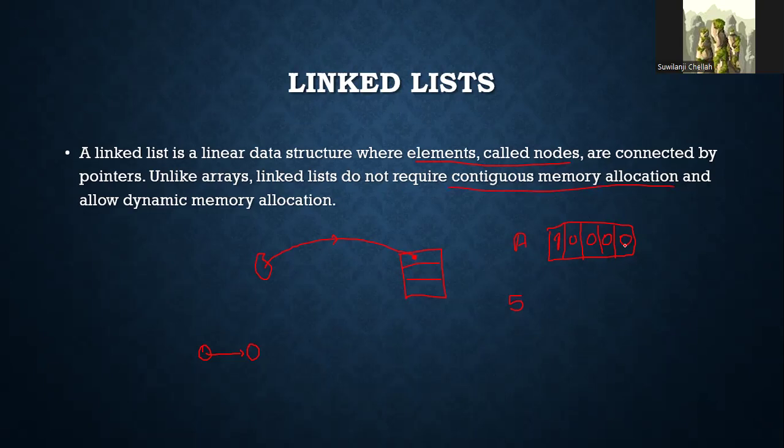Okay, so now there's a difference between an array and a linked list. With a linked list, you have a node there, another node there, and another node there. Let me compare the space of this data structure and this data structure, 5.